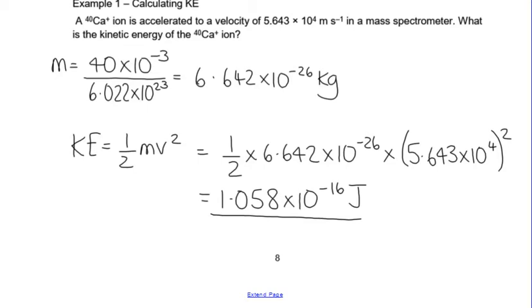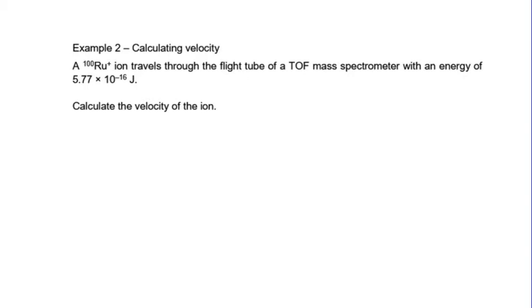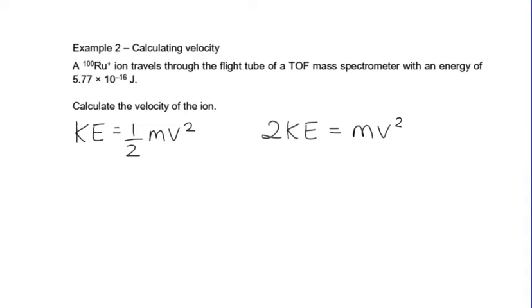Could we then look at how you would rearrange that equation to calculate velocity? So if kinetic energy is a half mv squared, we could rearrange this and say that if we multiply both sides by 2, we get 2 times kinetic energy is mv squared.